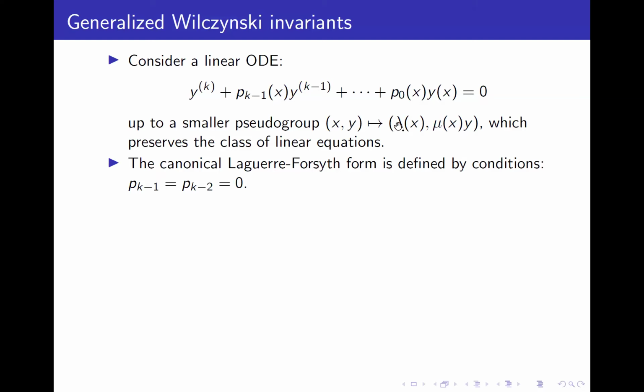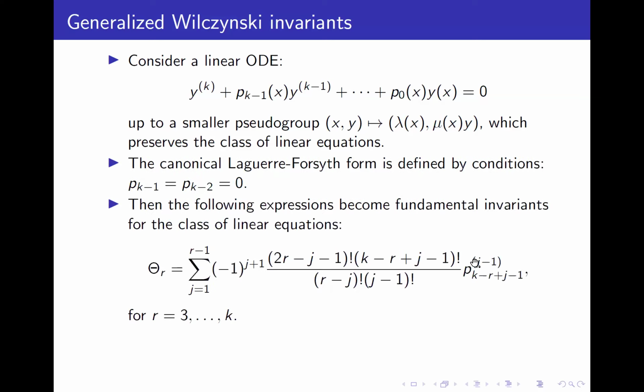First of all, using these two functions lambda and mu, we can kill two leading coefficients in our linear equations, p_{k-1} and p_{k-2}. That's called the canonical Laguerre-Forsyth form of the equations. And then it turns out that we can cook up some expressions from the rest of the coefficients.